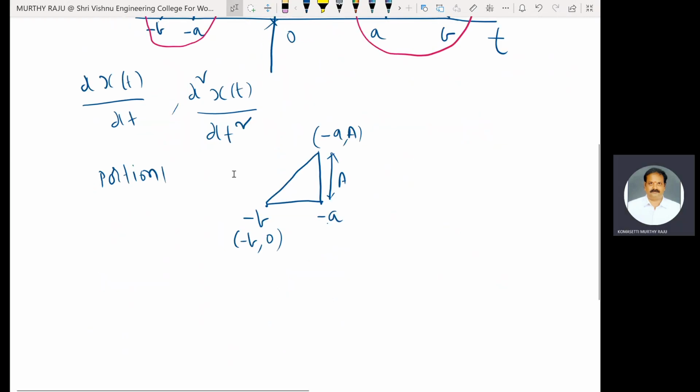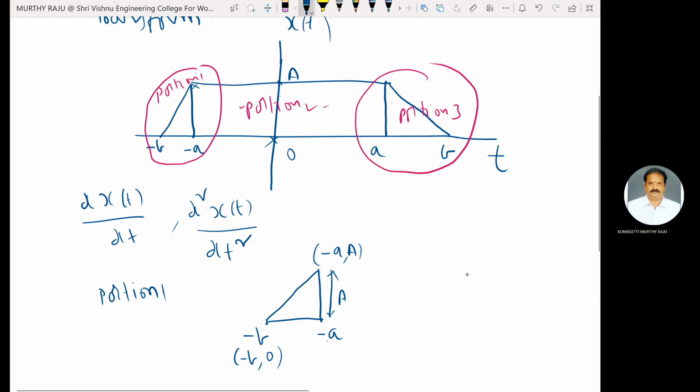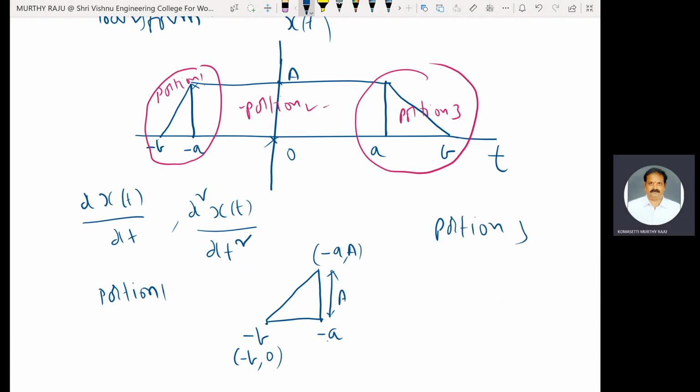In the second portion, the value is the constant A. In portion 3, the waveform is like that. The coordinates are a comma A and b comma 0.